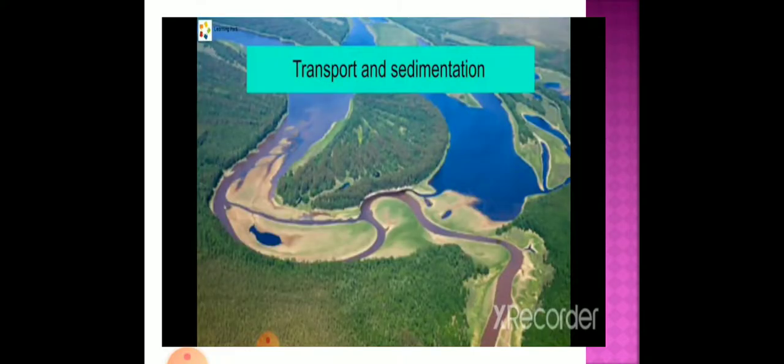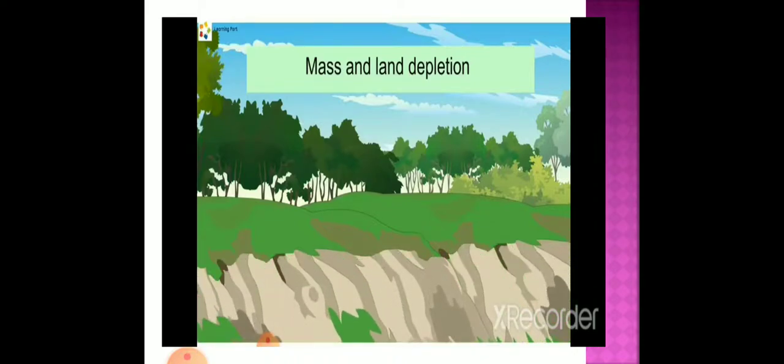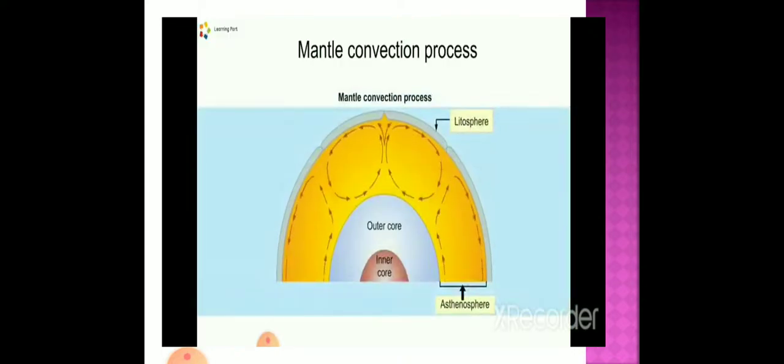Transport and sedimentation is another exogenic process. Weathered and corroded materials are moved by agents such as running water. The materials will be deposited when the velocity of the agents decreases. Mass and land depletion is also an exogenic process, which involves soil movement downslope as a result of gravitational force. An example of endogenic processes is the mantle convection process.